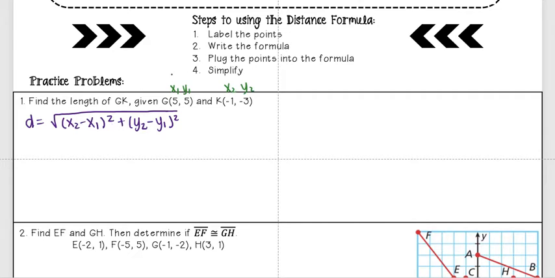Okay, next I'm going to plug those points into the formula. My x's, my 5 and my -1, are going to go in here. So my x2 I labeled as -1 minus x1, which is 5.